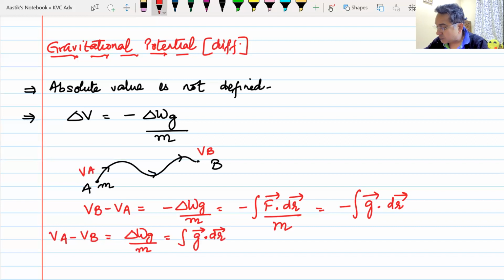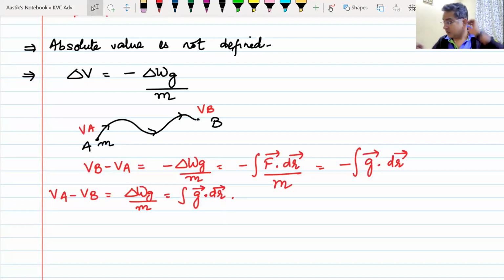Now, no one is going to ask you the definition of gravitational potential. Do you understand the definition of gravitational potential from here? Yes, sir. So you don't need to write the complicated definition. You just need to understand this. Now, to find out the absolute value, we need a reference point, right?